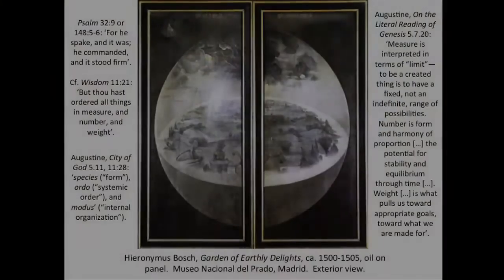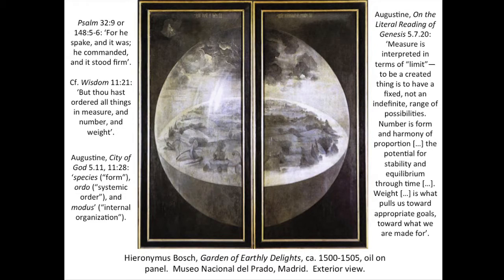How does he do this? He does this by basing the interior of the triptych on these crucial passages from Augustine. First of all, from Augustine's City of God, the notion that the world created by God is ordered according to species, which refers to spiritual form as the determinant of material form.